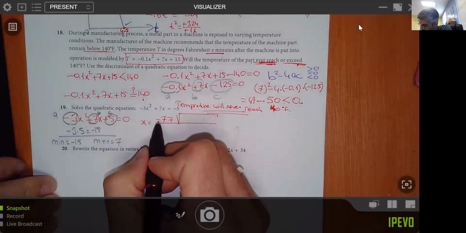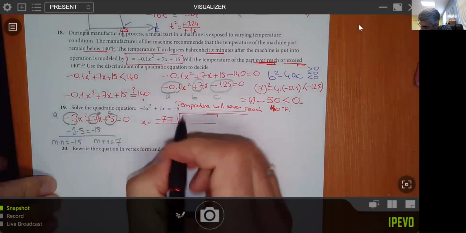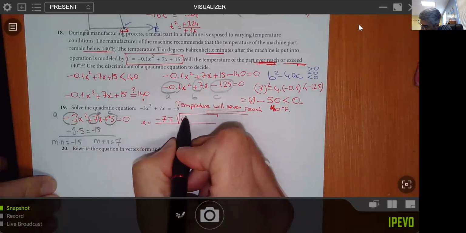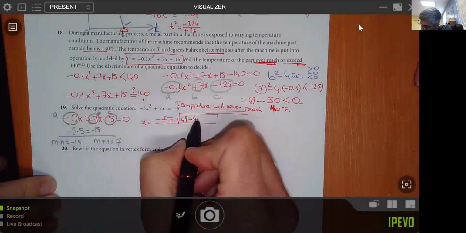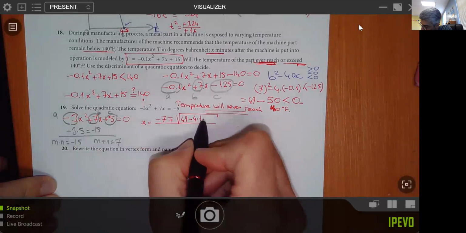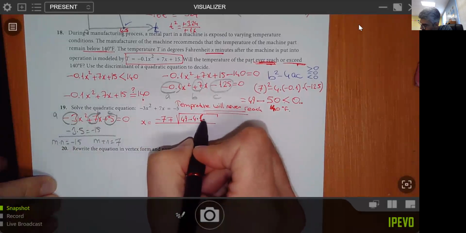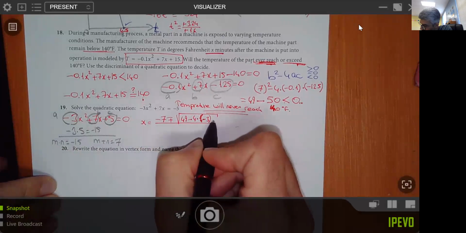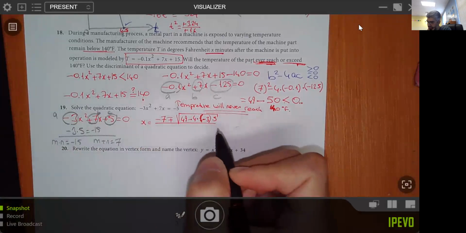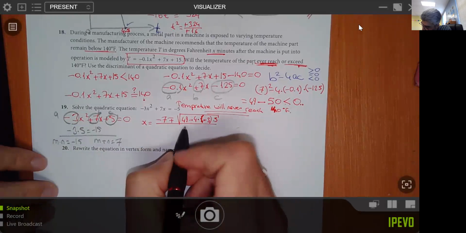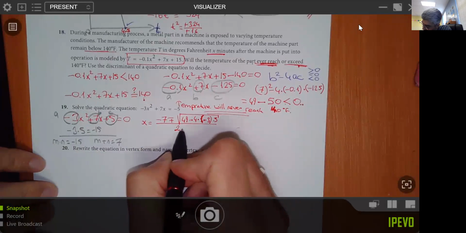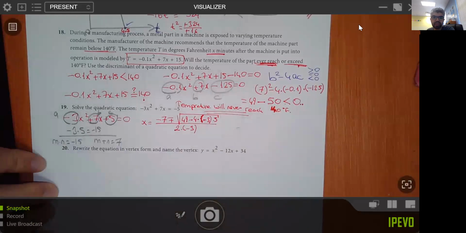So negative b, negative 7, b squared is 49 minus 4a. I'm sorry, a is negative 3, right? So a is negative 3 and c is 5, over 2a, 2 times negative 3.